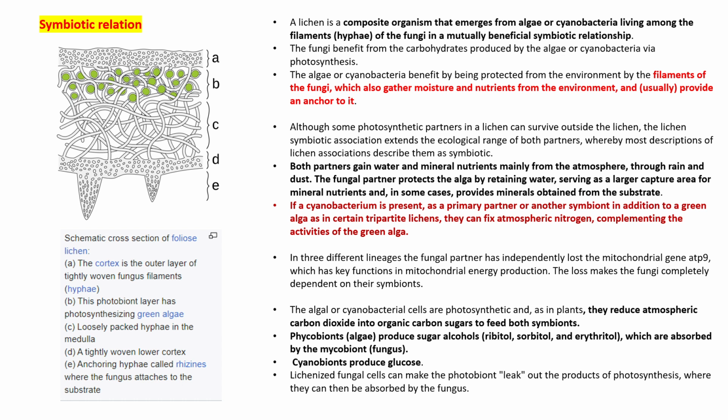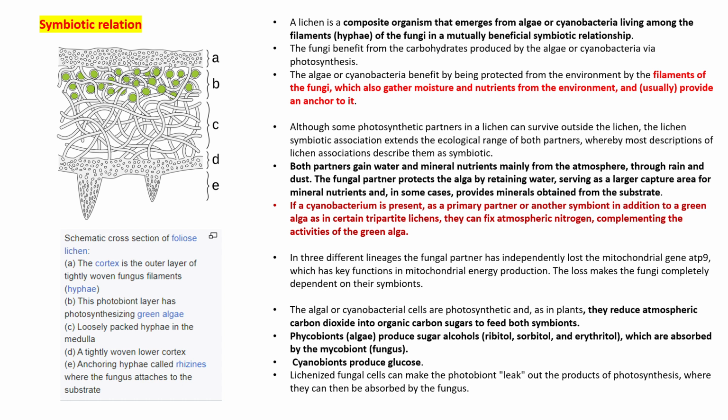A lichen is, as I said, a composite organism, and it emerges from algae or cyanobacteria living among the filamentous hyphae, and they are always in a mutually symbiotic relationship.